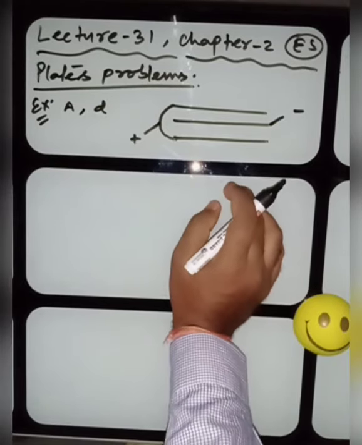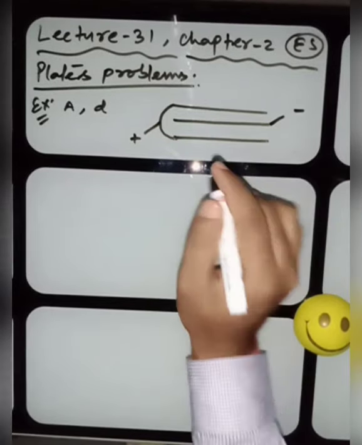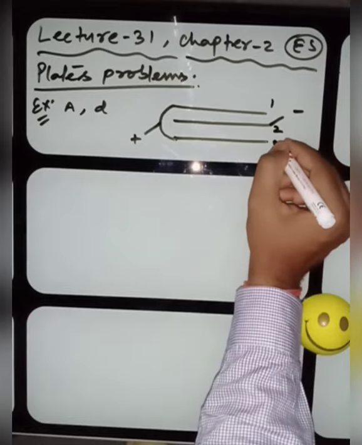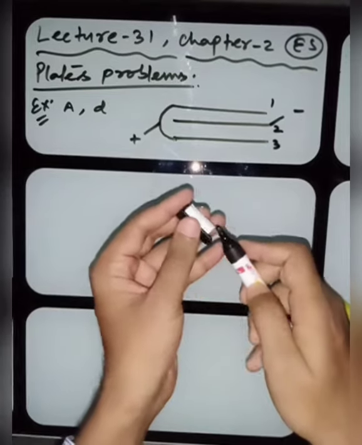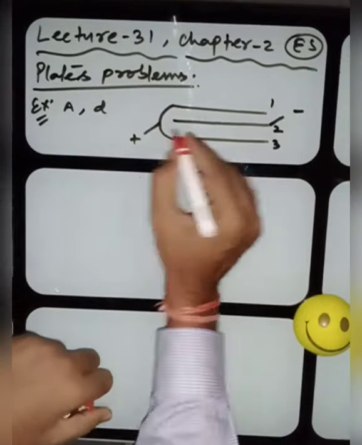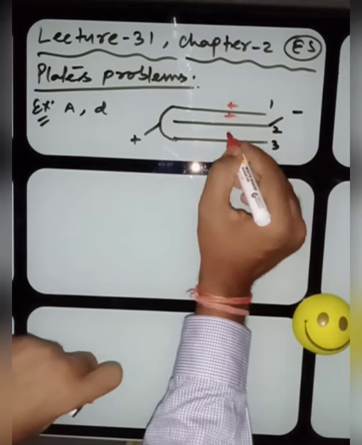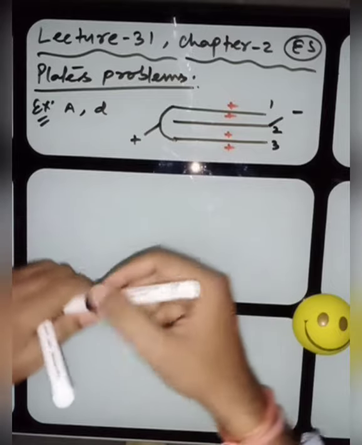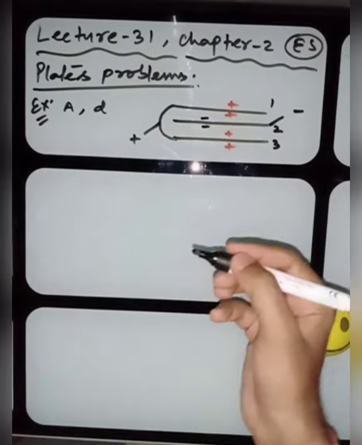Okay, now today I'm teaching you to solve this question. First, the same concept: you have to write the numbering 1, 2, 3, and then give the polarity of charge. If it is a positively charged plate, then plus and plus, and of course plus and plus. Here the middle one is negatively charged, so it will be negative.